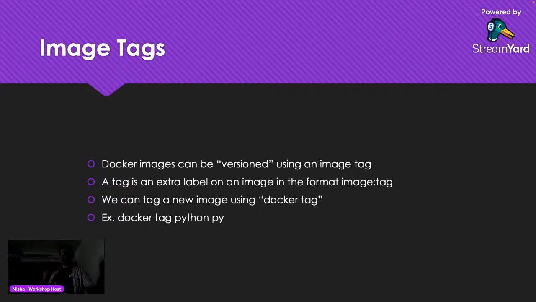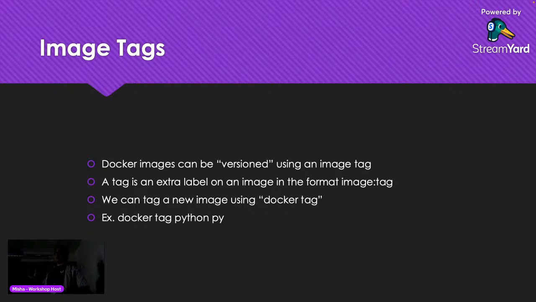For example, with the Python image, the latest one is maybe Python 3.10, but we might want 3.7, or a specific node version for a node container. Another reason to have tags could be for different architectures. I'm on a Mac, running on an ARM architecture, and that might be incompatible with AMD x86. So tags may be useful in those cases to be able to run different kinds of architectures.